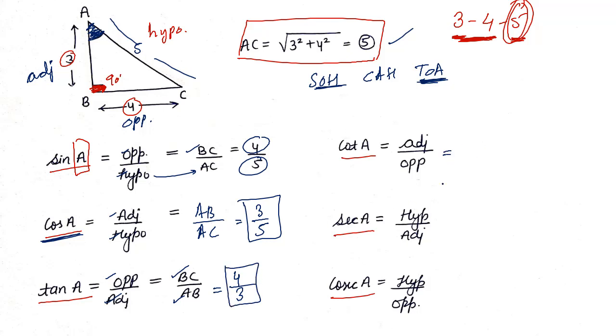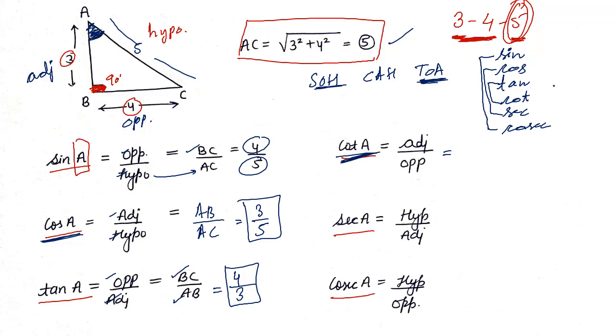Now what will be the value of cot A? Cot A is the reciprocal of what? You need to remember all the 6 trigonometric ratios in one order: sine, cos, tan, cot, sec, and at last cosec. Sine is reciprocal of cosec, cos is reciprocal of sec, and tan is reciprocal of cot.